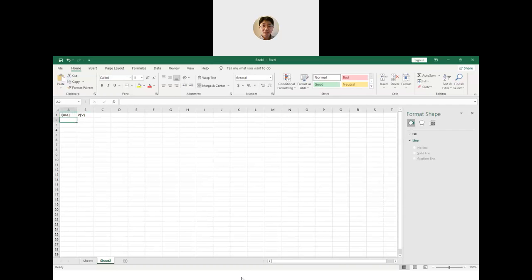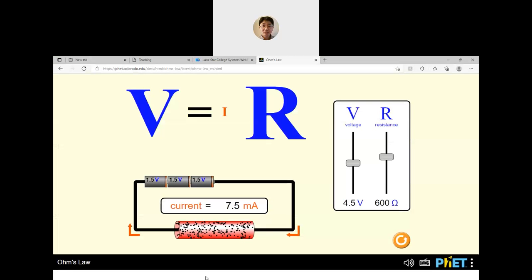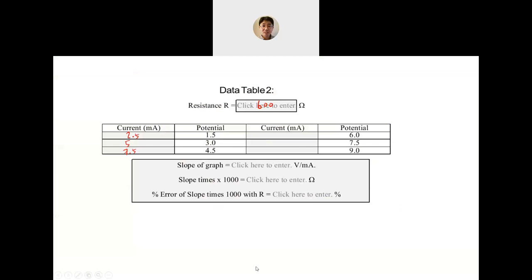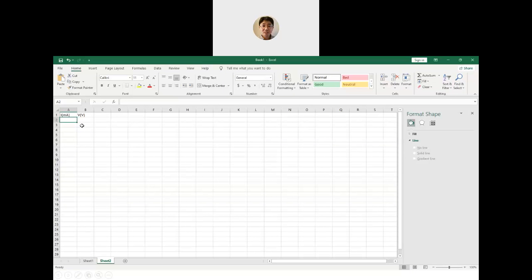First we used 1 point. We use the data table as 2.5, 5, 7.5.